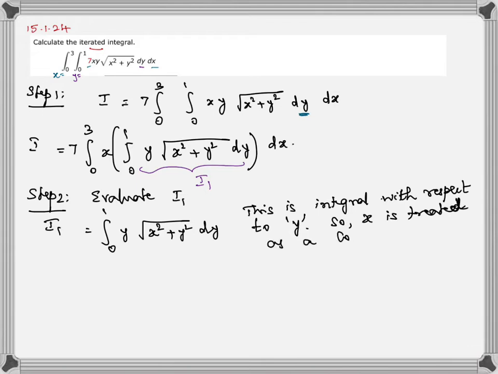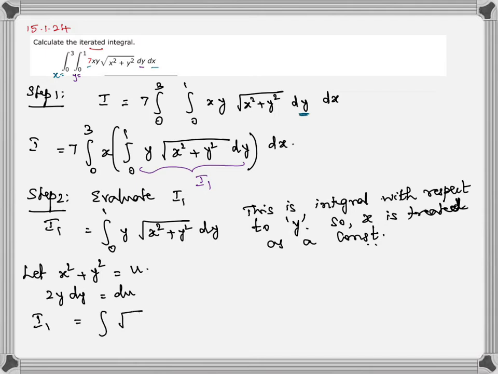So we are going to do this integral by the u-substitution method. So x squared plus y squared equals u. That will mean 2y dy equals du, because x is treated as a constant, so the derivative of a constant is 0. The derivative of x squared becomes 0. So 2y dy equals du.